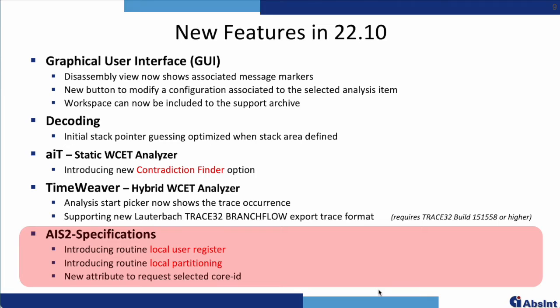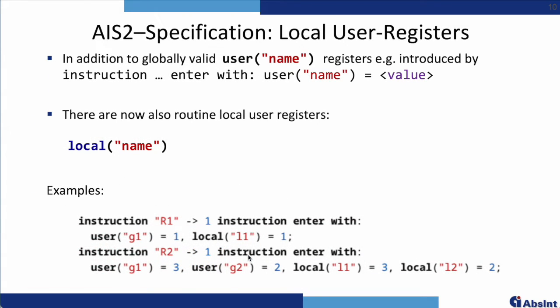Okay, now let's give you an update on our AS2 specification language. With this release, we are introducing new routine local user registers. You're probably familiar with the concept of the globally valid user registers, with user and then your own defined names.